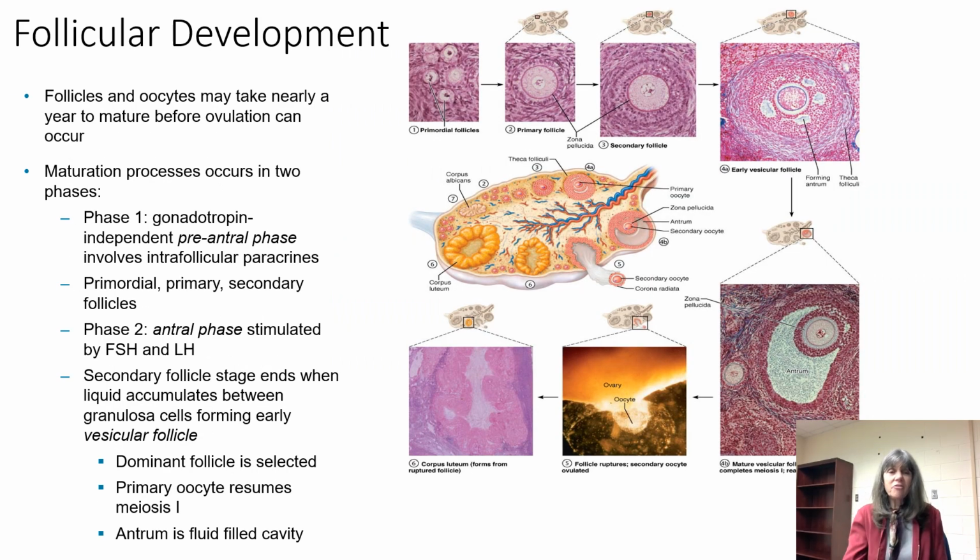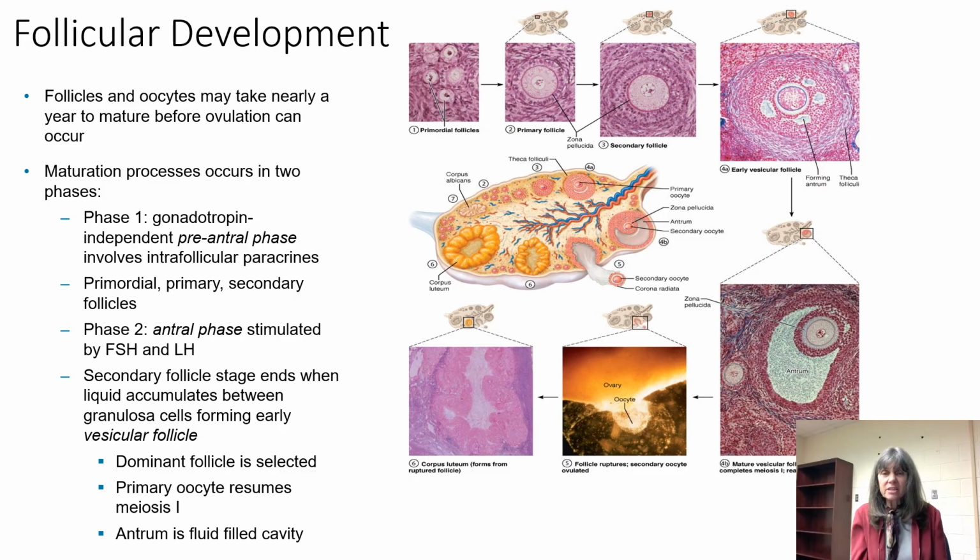Now, in terms of follicular development, follicles and oocytes can take nearly a year to mature before ovulation can occur. So the maturation process occurs in two distinct phases. The first phase is what we refer to as gonadotropin independent, or the pre-antral phase, that involves intrafollicular paracrines.